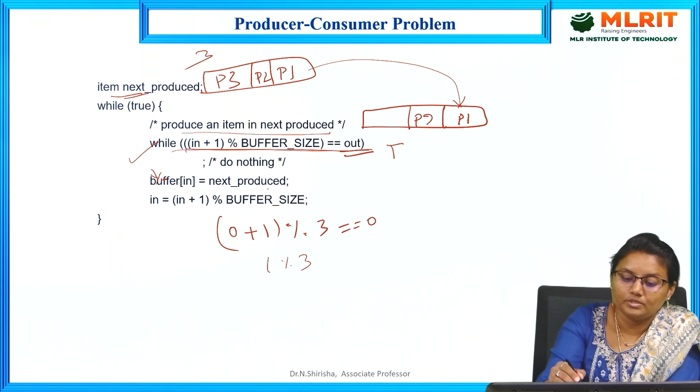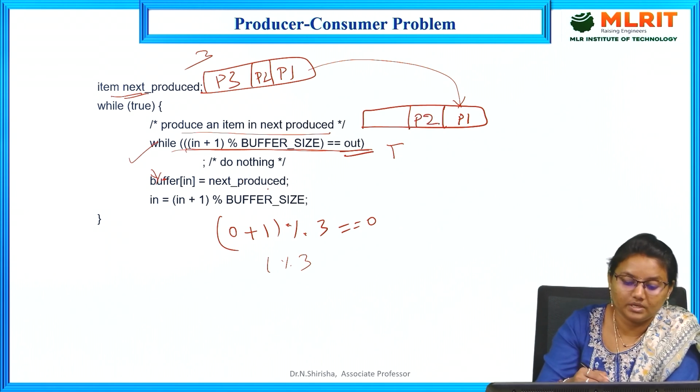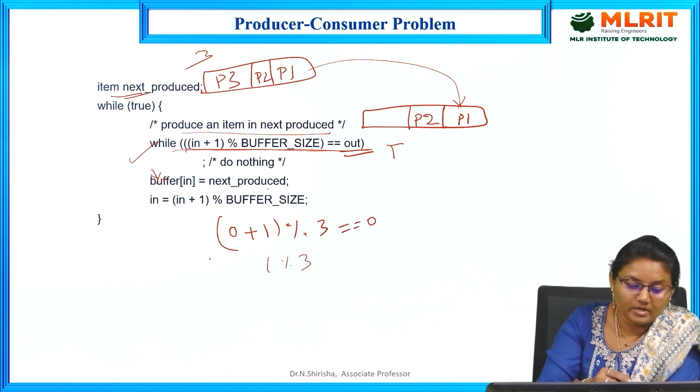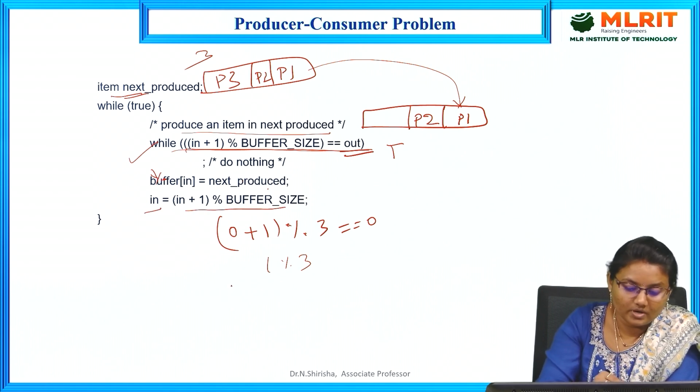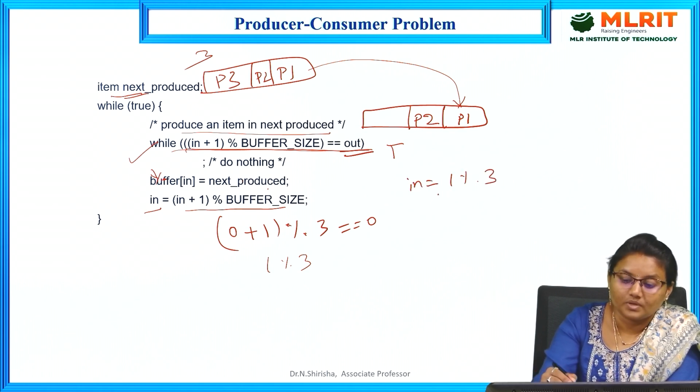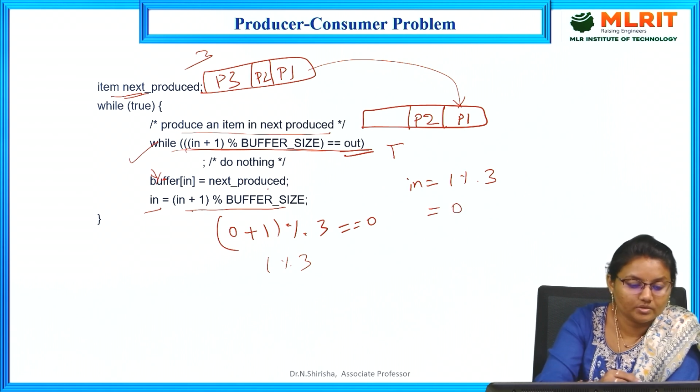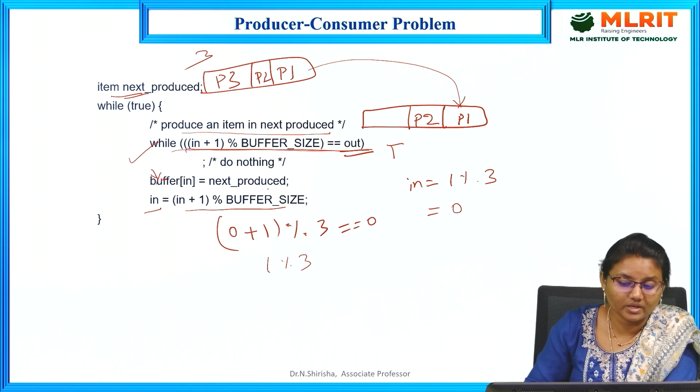Now P2 is also entering into the critical section. Again, what happens? in = (in + 1) % buffer size. Now what is in? In is 0 plus 1 modulo 3.